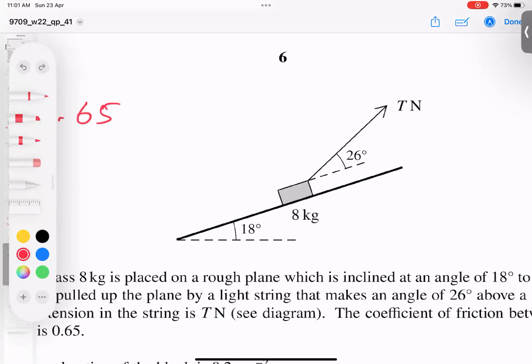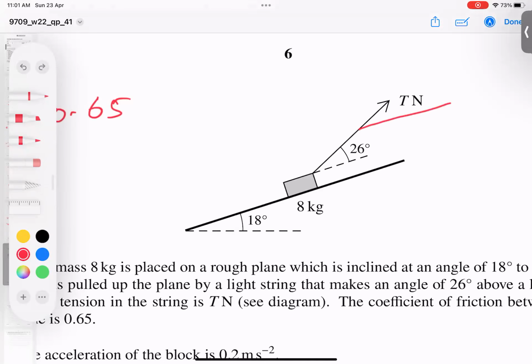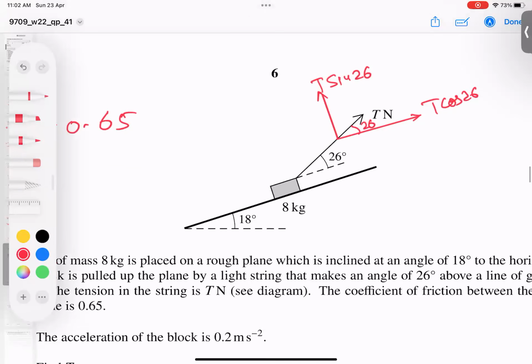The most important part. This force applied here is at a 26 degree angle, force T, so the component becomes T cos 26. This is naturally upward, T sin 26. Now its mass is 8 kilograms, so this becomes 80 newtons.